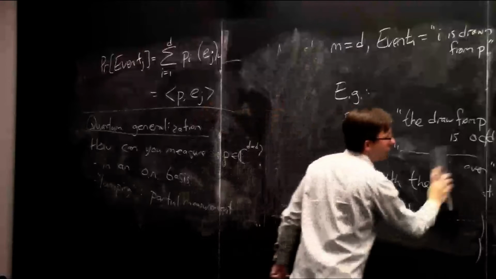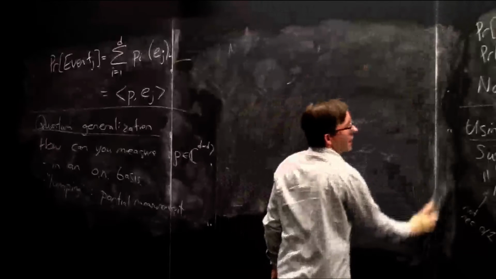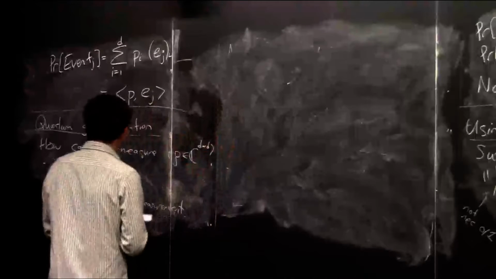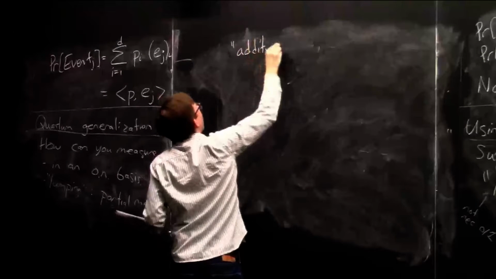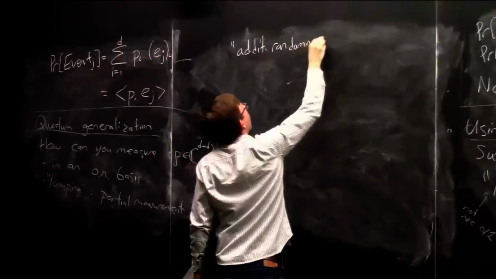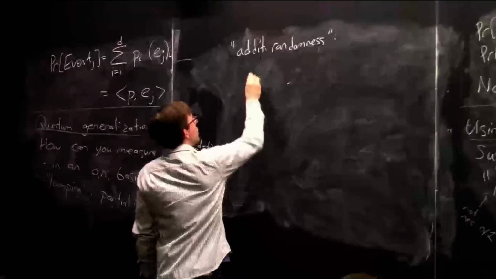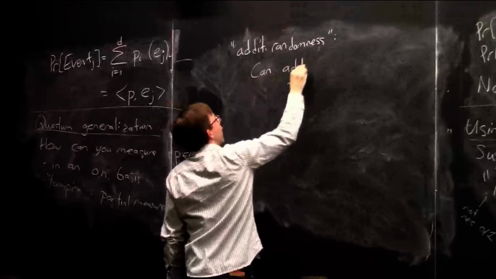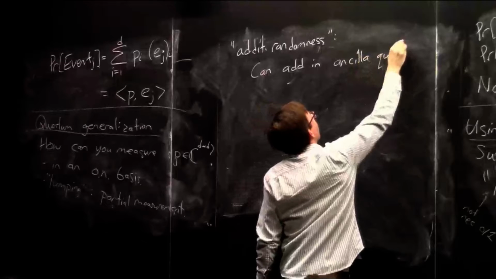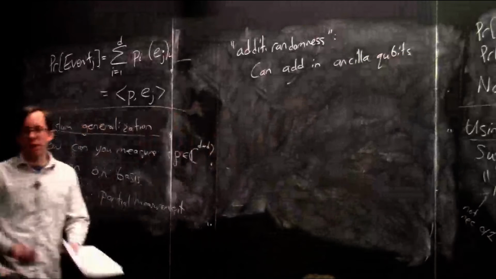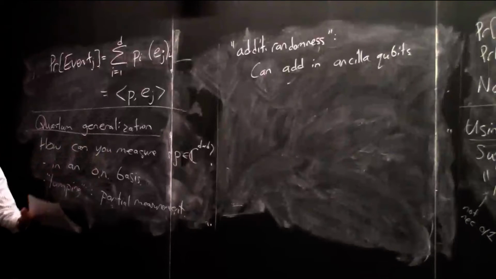And now I want to say the most general thing you can do, which is analogous to using additional randomness. So imagine you have a bunch of, let's say, qubits. One thing you can do is add in some new ancilla qubits, let's say initialized to 0. You have some quantum state, you add in some more qubits. Now you have a bigger system of dimension bigger than d.